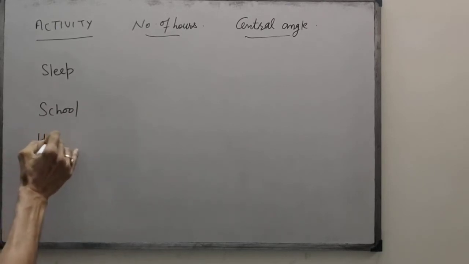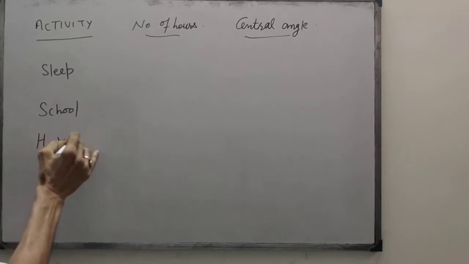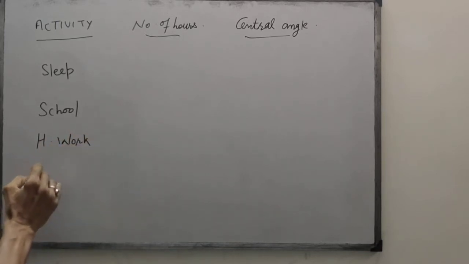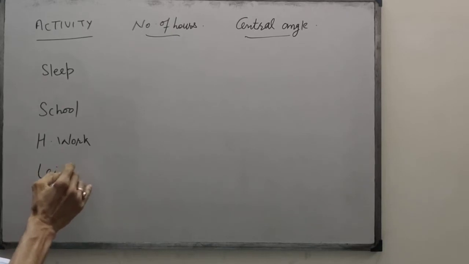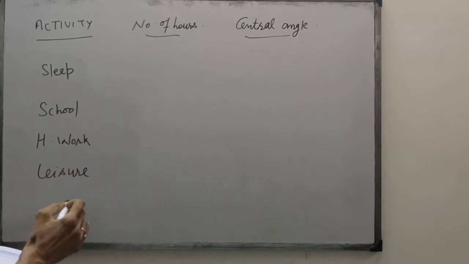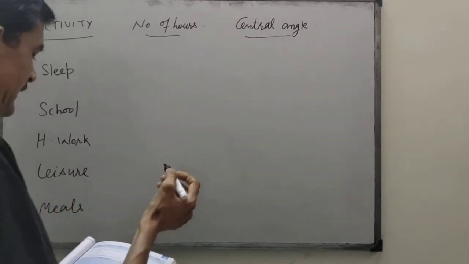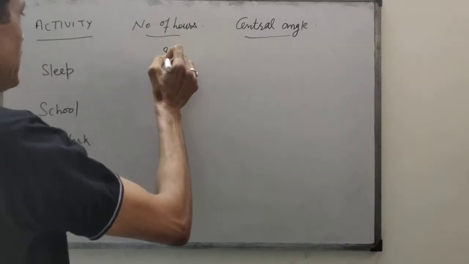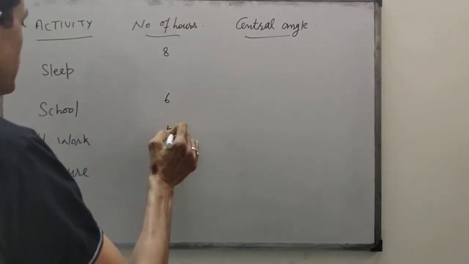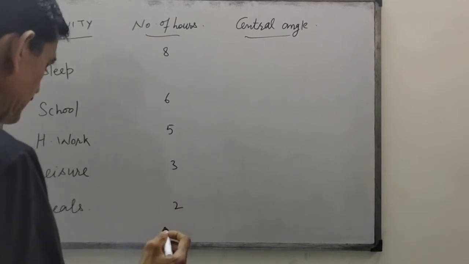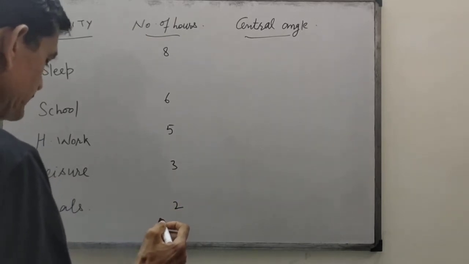Household work. Next is leisure. Next is meals. Number of hours given are 8, 6, 5, 3 and 2. And the total hours is 24.